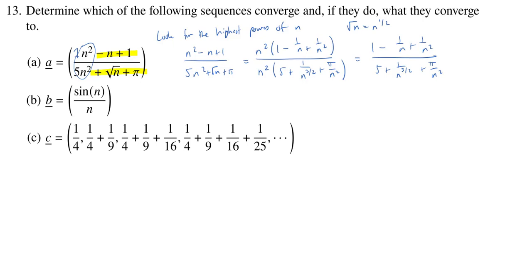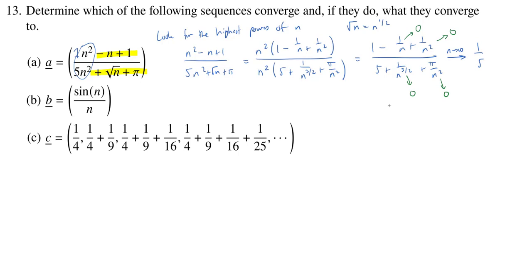And the key here is that as n goes to infinity, 1 over n goes to 0, 1 over n squared goes to 0, 1 over n to the 3/2 goes to 0, and pi over n squared goes to 0. So the only thing left over is this 1 and this 5. And therefore, this thing as n goes to infinity goes to 1 over 5.